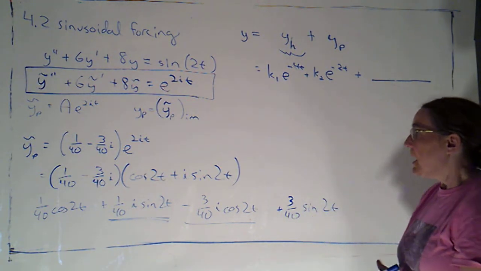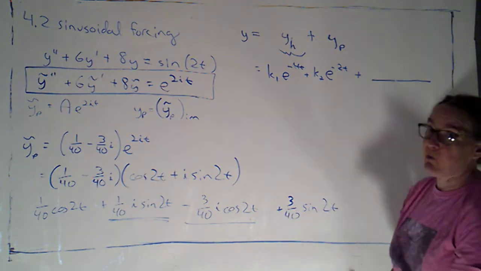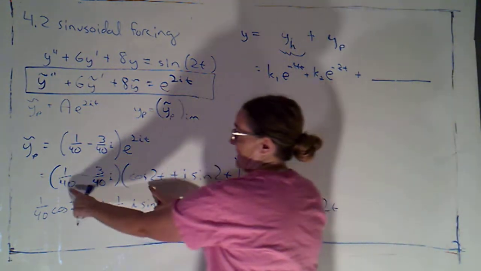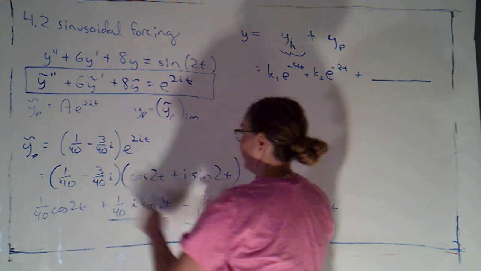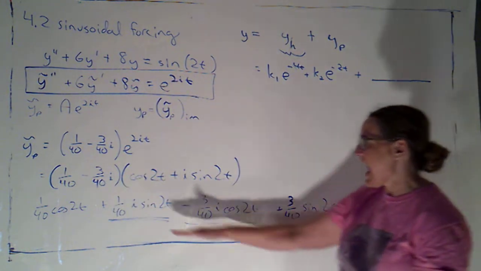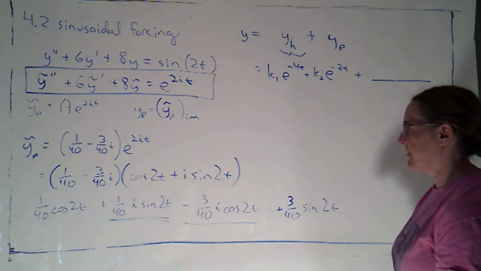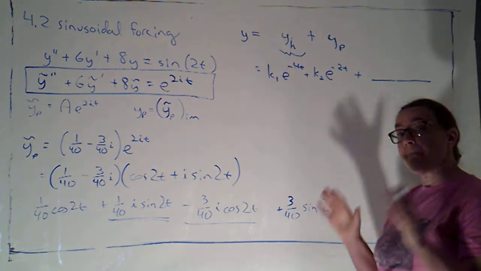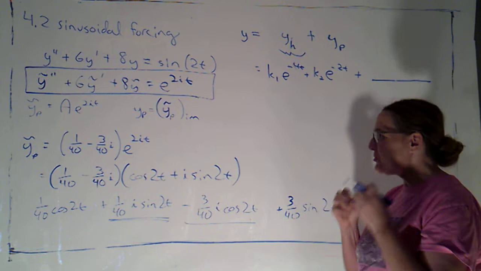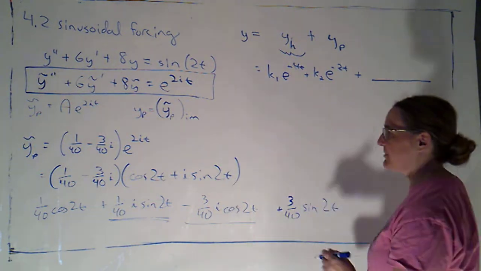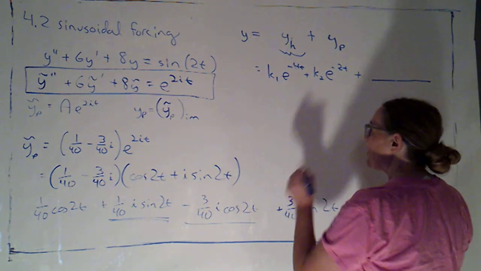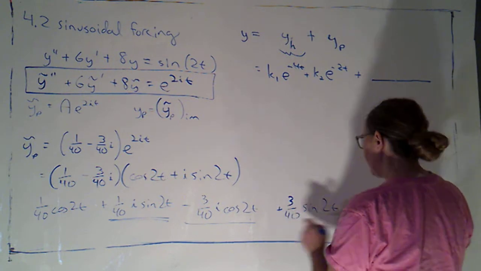Okay. All right, now, if I wanted to be super lazy, I could have said, I don't even need to multiply out what this is and what this is, because those are going to give me real pieces. I only want the ones that are going to be part of the imaginary part. Okay. So remember, the imaginary part is the real valued function that gets multiplied by i. So now I can see, actually, you know what?